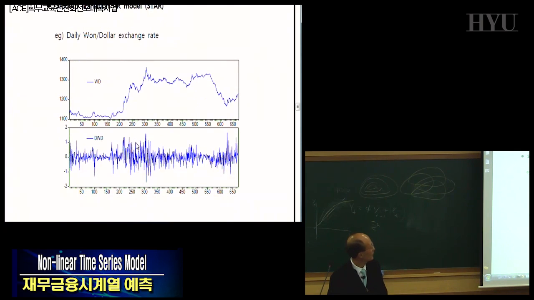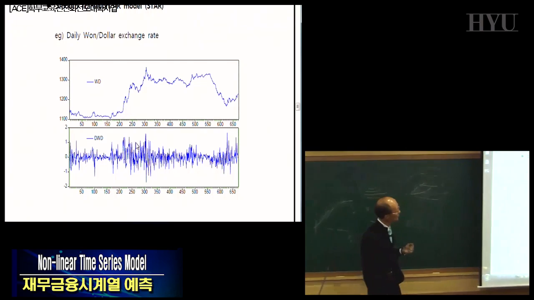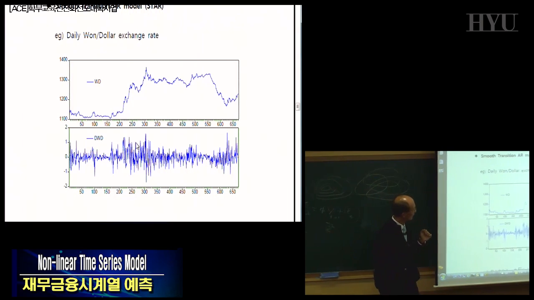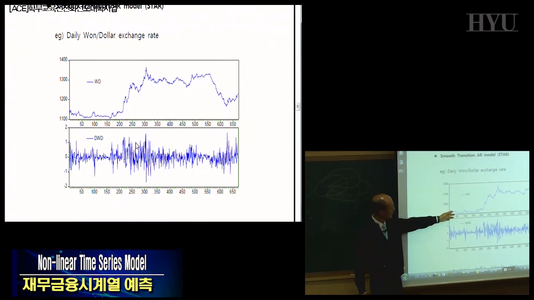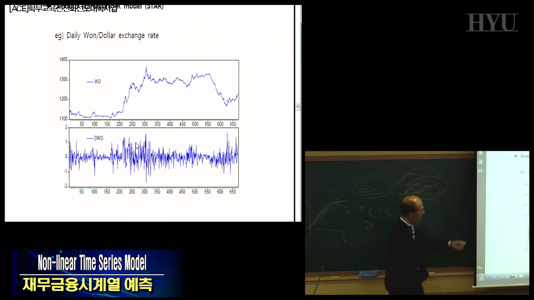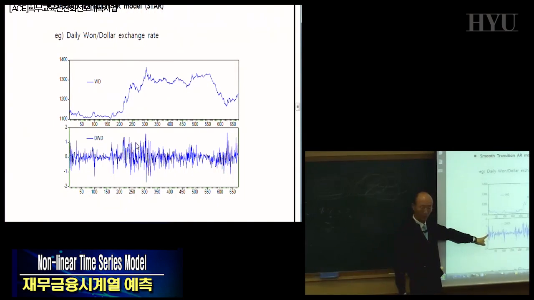Okay, here is a different class of non-linear time series model known as the smooth transition autoregressive model. This is the daily dollar exchange rate, the original one. And this is the log difference.